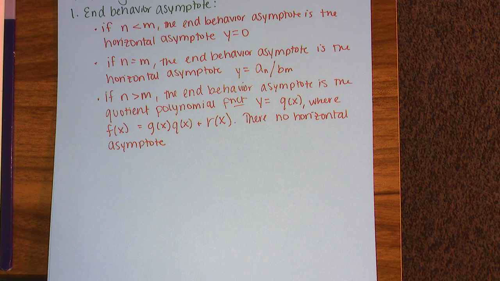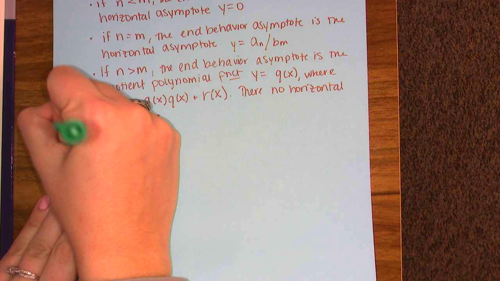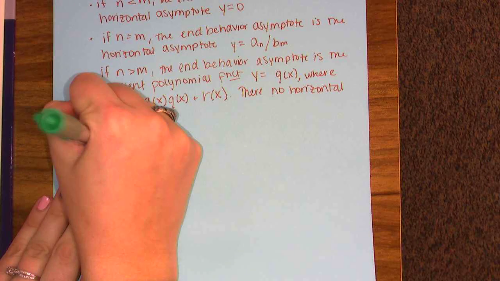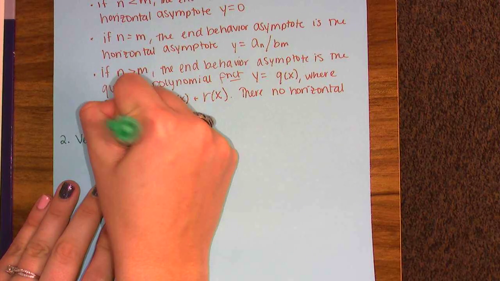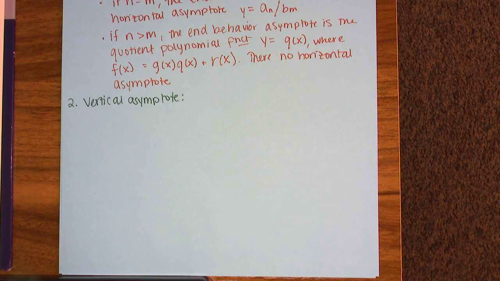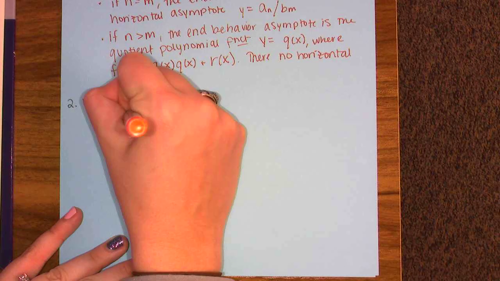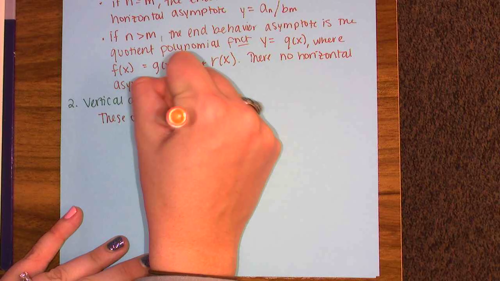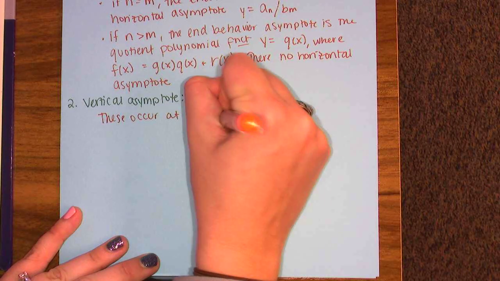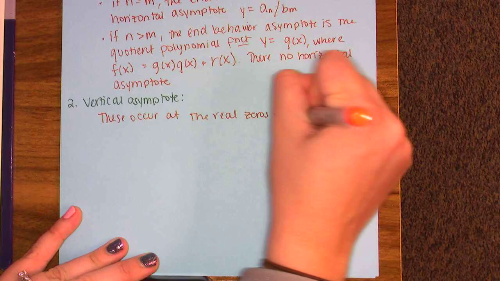Vertical asymptotes. These occur at the real zeros of the denominator.